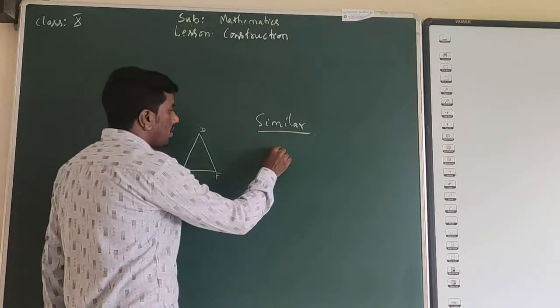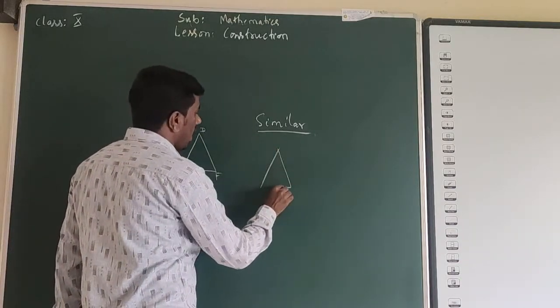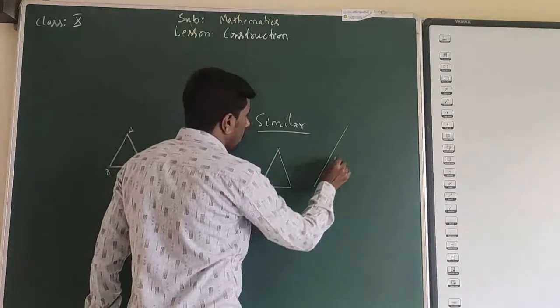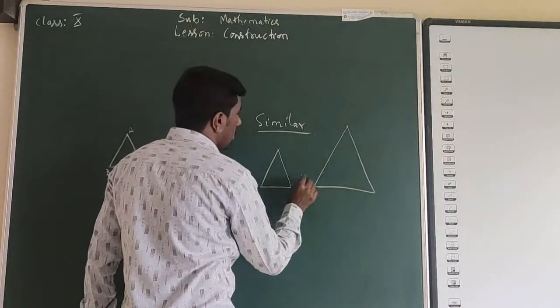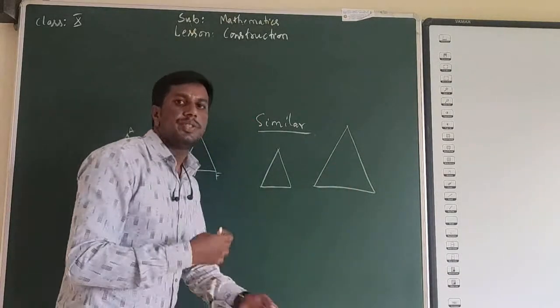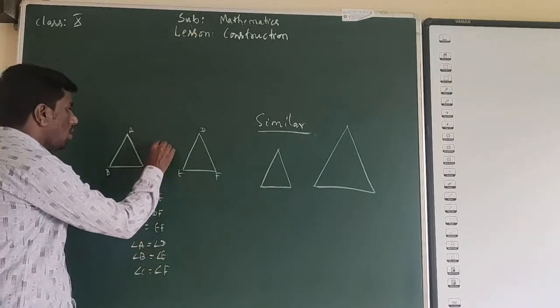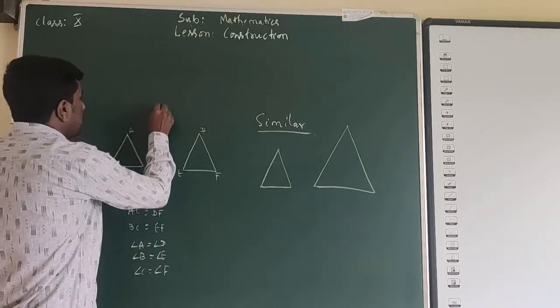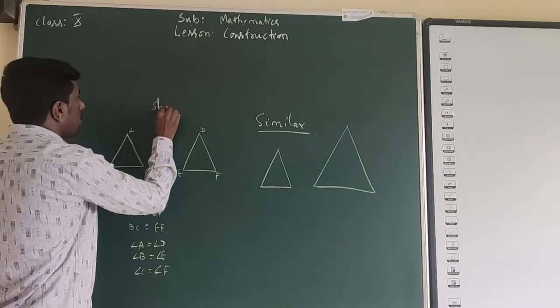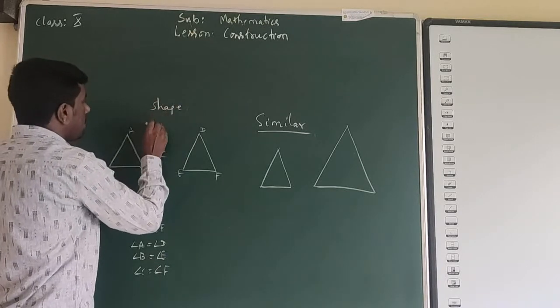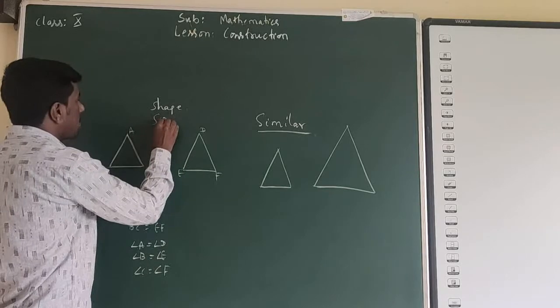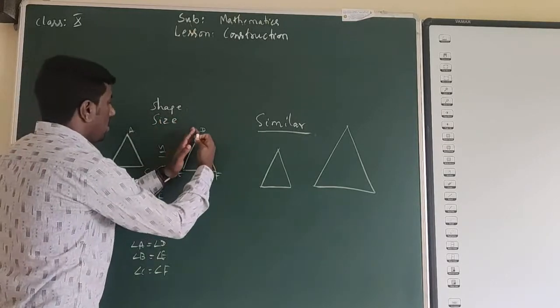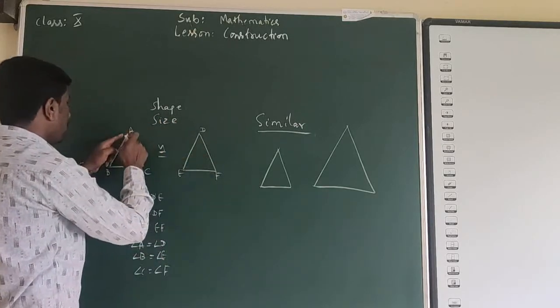In the concept of similar, if I am having a triangle like this, then these two triangles are similar. These two triangles are congruent because the shape is also the same. Then the size is also the same.